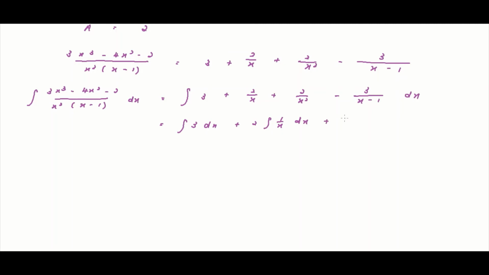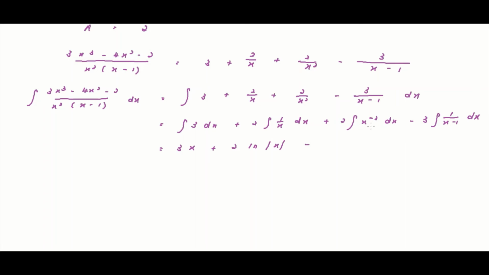Okay, so for this, you realize that you will be solving x to the negative 2, right? Then after that, minus 3 times 1 over x minus 1 dx. So now you can start to do integration. So 3x plus 2 times 1 over x, after you integrate, you get ln x. Okay, then minus. So how about for this part?